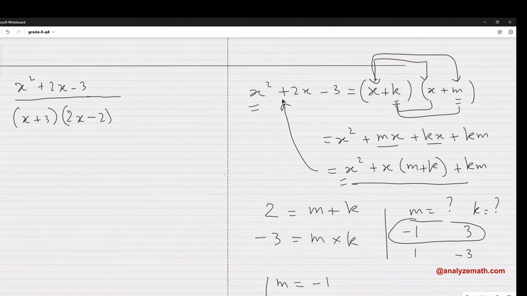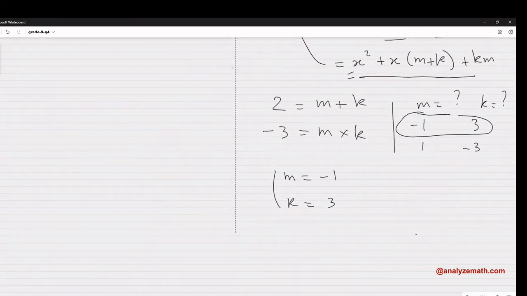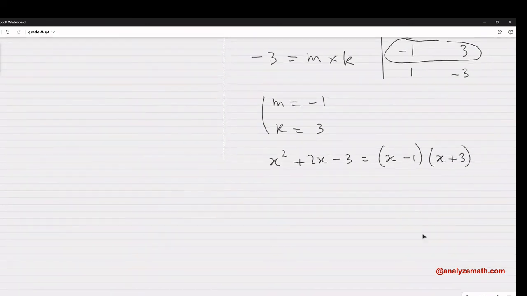Go back to my factoring here and say that x² plus 2x minus 3 is x plus m, which is minus 1, and here x plus 3. And always when you factor, you check.